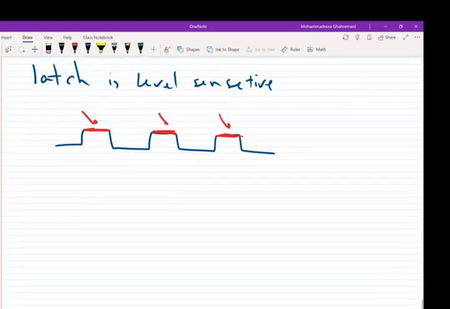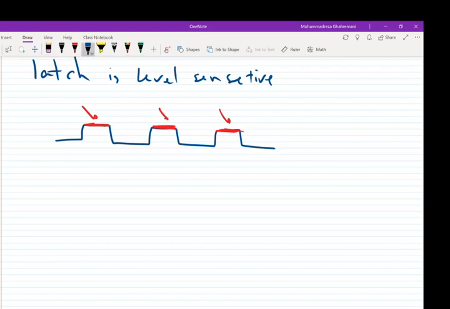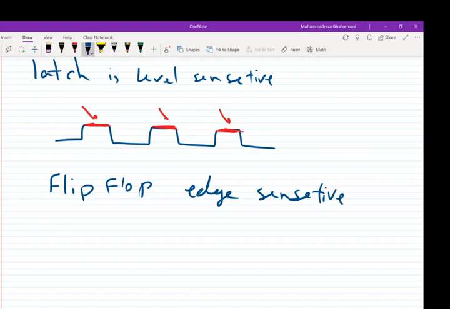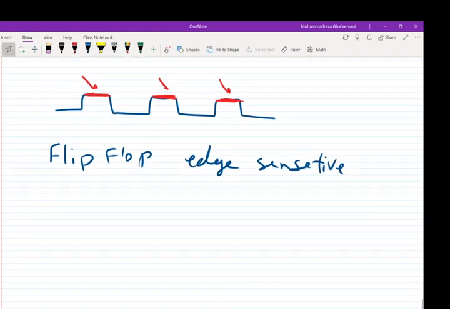So the flip-flop, which is edge sensitive, is constructed to operate properly as part of a sequential circuit. So it can change only once per clock cycle, not more than one time per clock cycle.